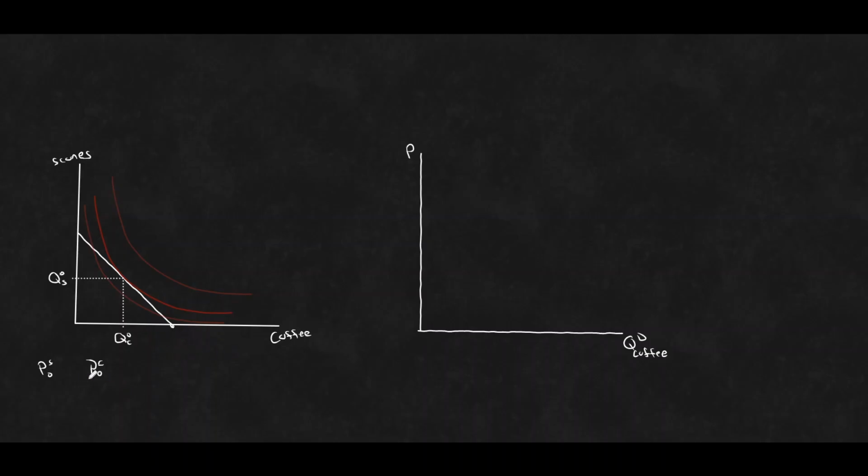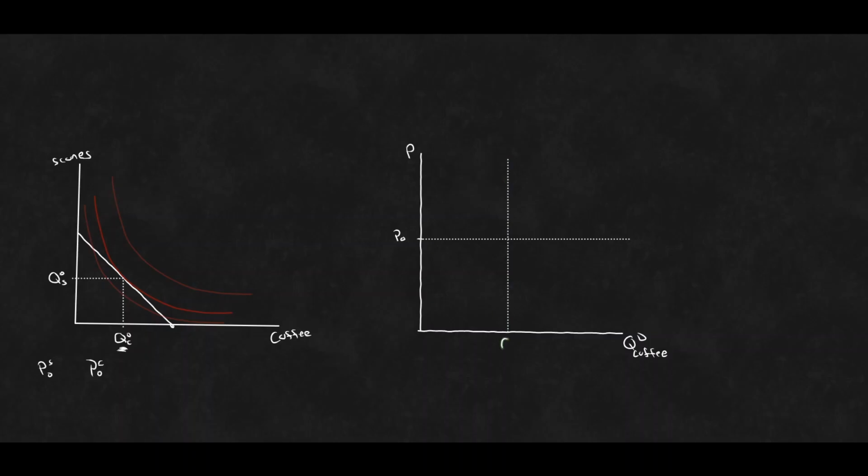So let's say that P naught coffee is somewhere right around here, and if we just drag that across, where that P naught coffee is, we see that, based off of just utility maximizing, we are consuming Q naught coffee. So let's just say that Q naught coffee is somewhere like this.